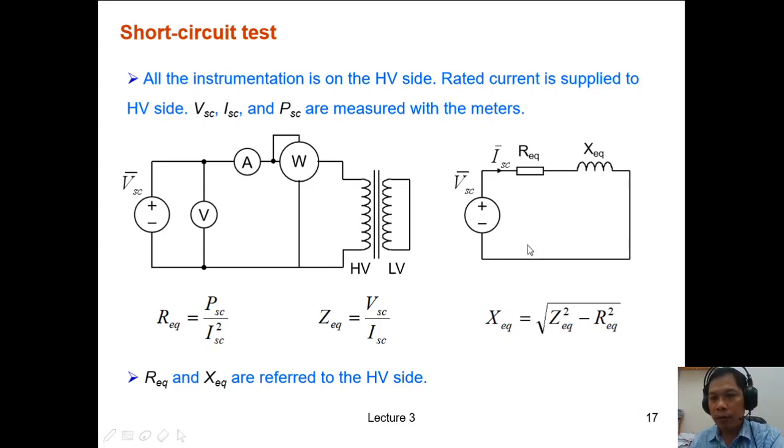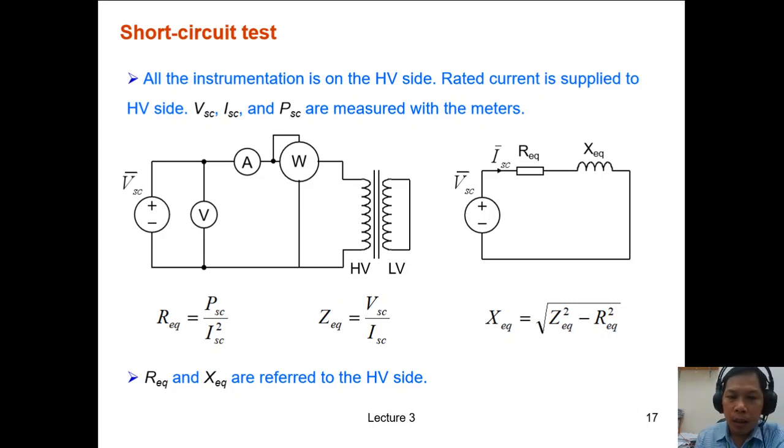Now the equivalent circuit would be something like this: a voltage source in series with REQ plus jXEQ. Here it's more straightforward to calculate REQ, which is this expression, and then in step 2 we calculate ZEQ, and finally we calculate XEQ.